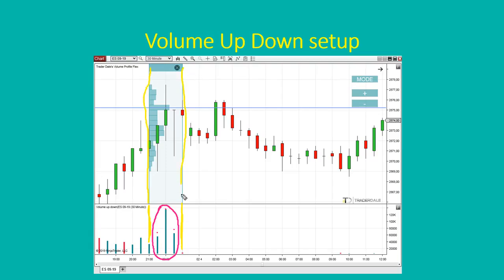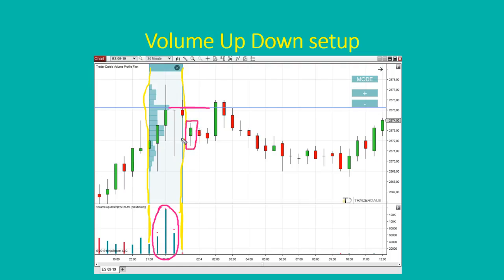Alright, so this is the place where you draw the flexible profile. Now you identify where the volumes were the heaviest, in here. Then you wait until the price moves away from the level and creates 1 or more candles above or below it. So in this case, the price goes downwards.